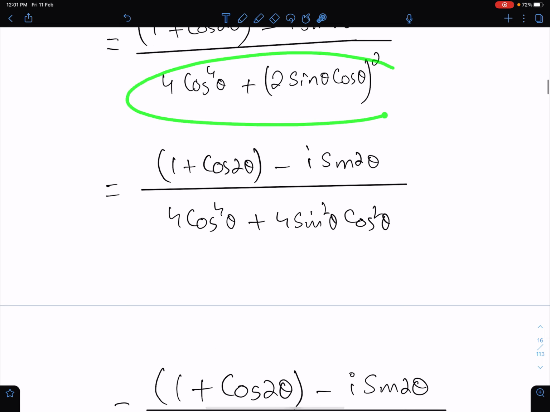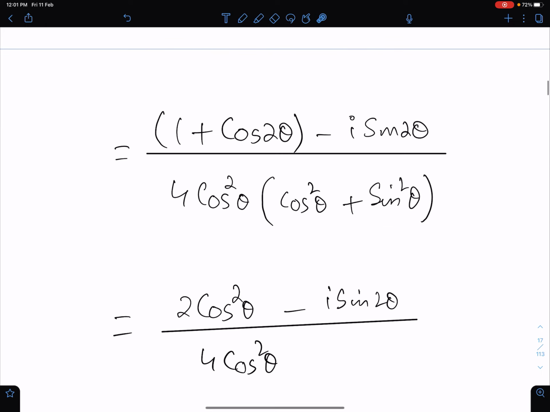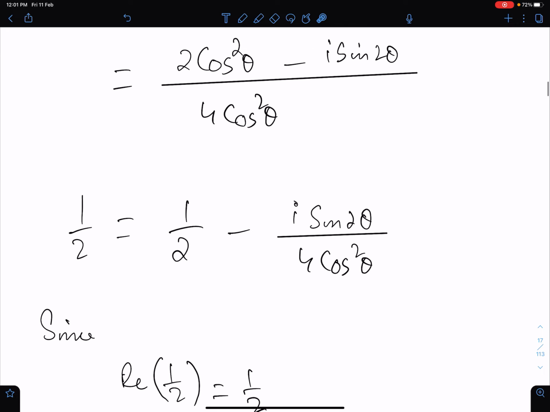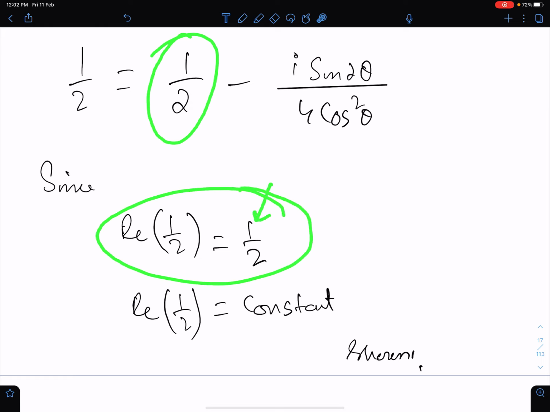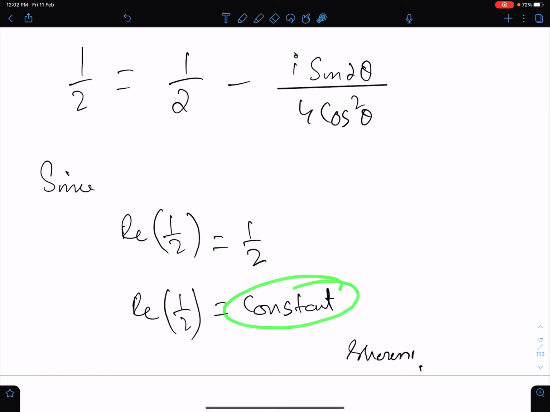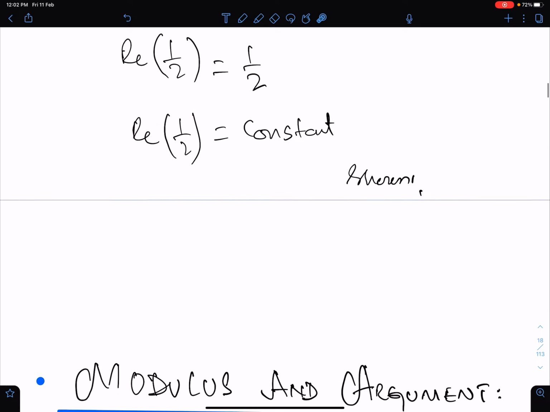Simplify the denominator, take common from the denominator, this will become 1, replace this by 2 cos square theta and then break the LCM and get the real part of 1 upon z, which is half and which is constant, and this is what we had to show.